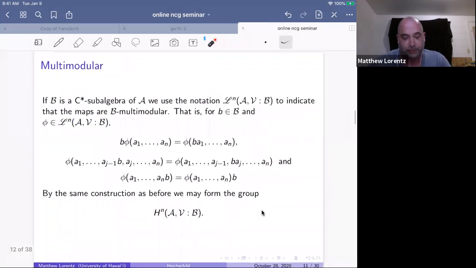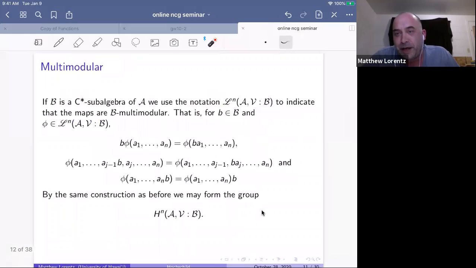So multimodular, as promised. If we have a sub C-star algebra, say B, of the algebra that we care about, A, I'm going to use the notation where I'm using this colon to indicate multimodularity. And that means if we have a b in our subalgebra B, if it's in the first coordinate entry, then we can bring it out front, like so.